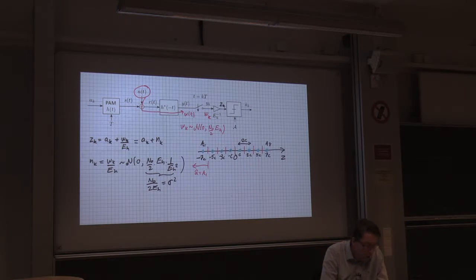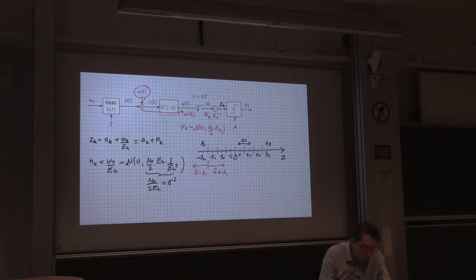Because then all the points on the z-axis which are to the left of the decision boundary here are closer to this point than to any other point, so the output is A hat equal A1. If we go to the right here, then A hat will not be equal to A1, right? Which means that we make an error as soon as we're to the right of the decision boundary.